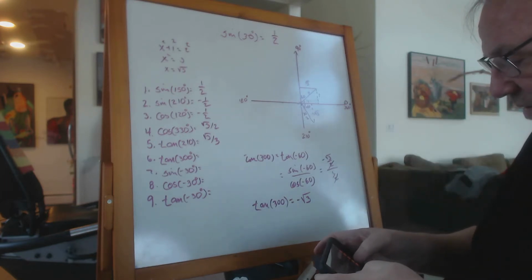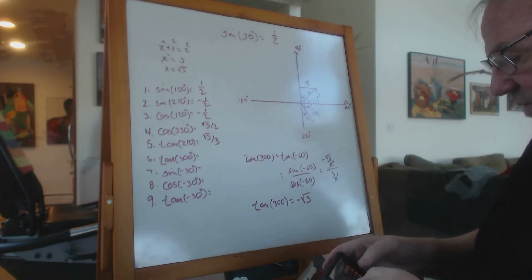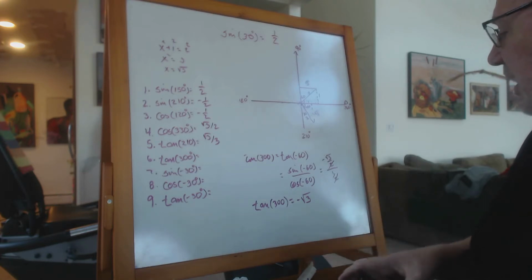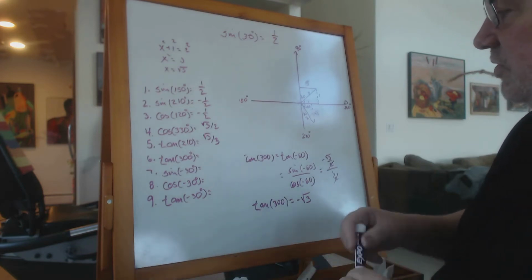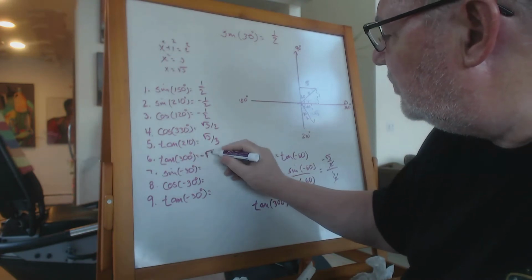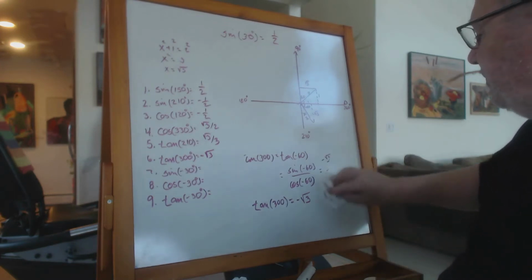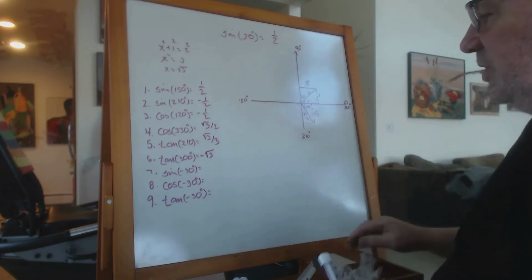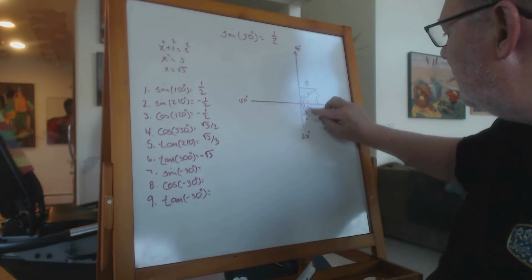Tangent of 300, square root of 3, and that's correct. So this is minus square root of 3. We already just did the sine of minus 30. Well, let's do it again.